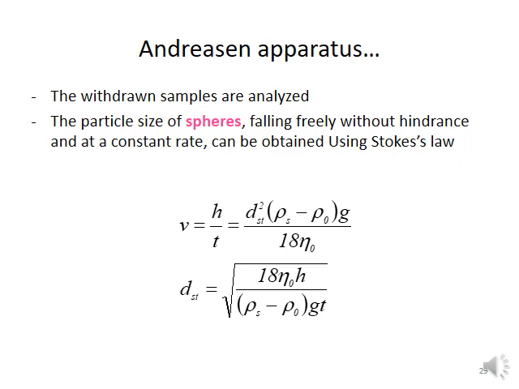According to Stokes' law, the rate of sedimentation, which is height divided by time, is related to the diameter. It is also related to the difference in density between the particle and the dispersion medium, and to the viscosity of the dispersion medium.